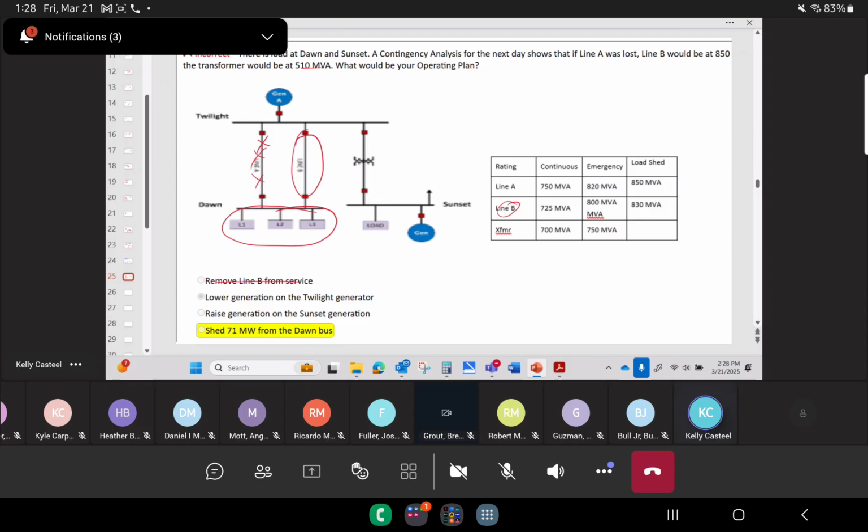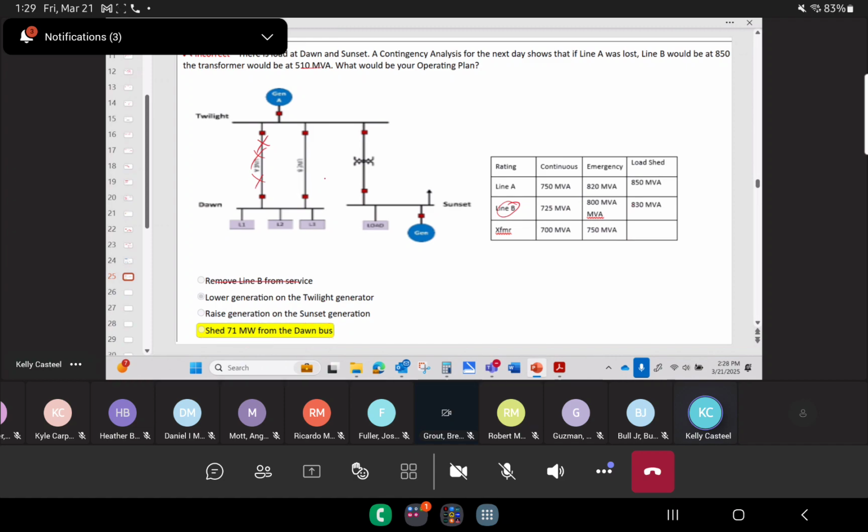It's the only thing feeding these loads. The only way you're going to adjust flows on that line, if it's a radial feed, is you're going to have to shed some load from Dawn station. Okay, so here's Dawn down here. You're going to have to shed loads. That's the reason why that's the correct answer, short version of it.